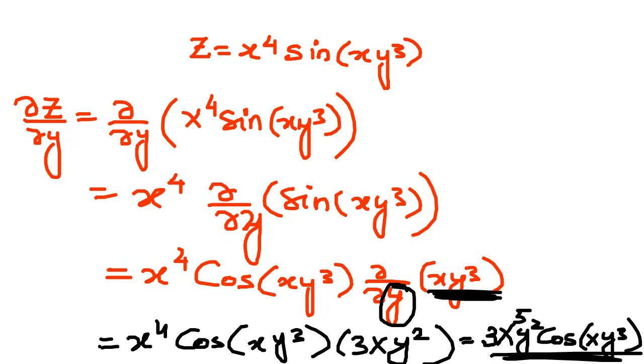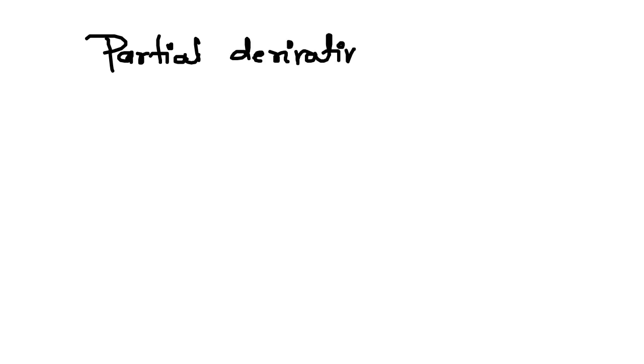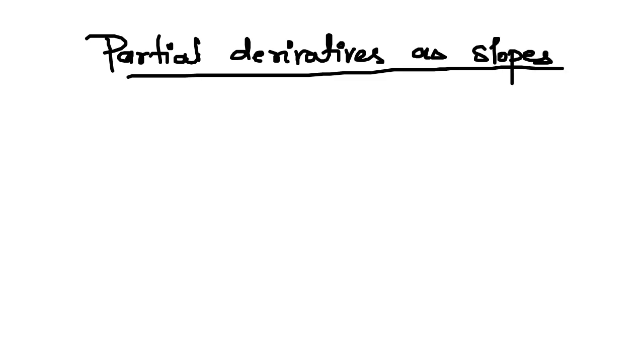Now there is a definition of partial derivatives as a slope. There is a notation that how you can do the partial derivatives as slopes. Okay, so what is the meaning of this one?